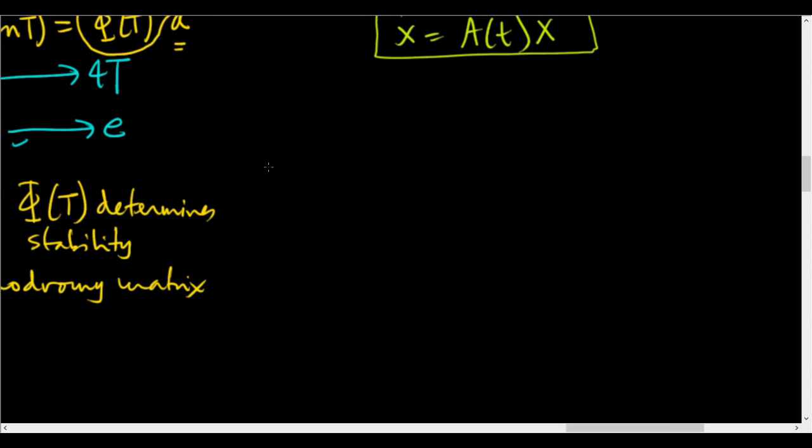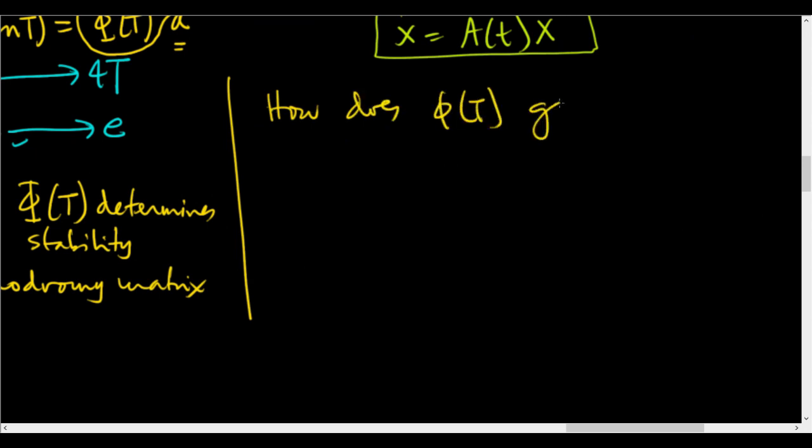Okay, so now how does phi of T govern stability?